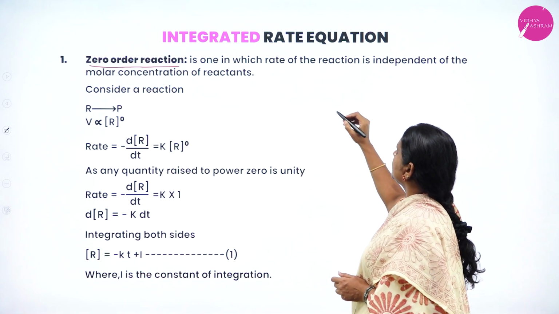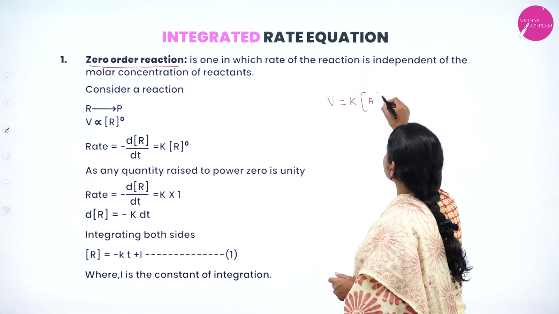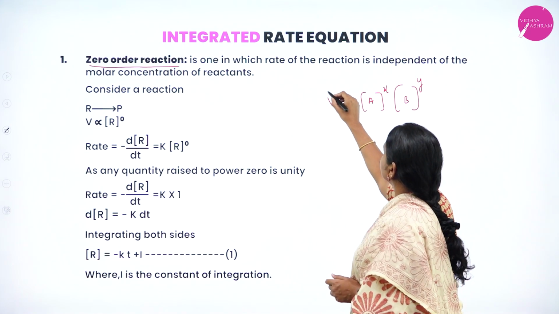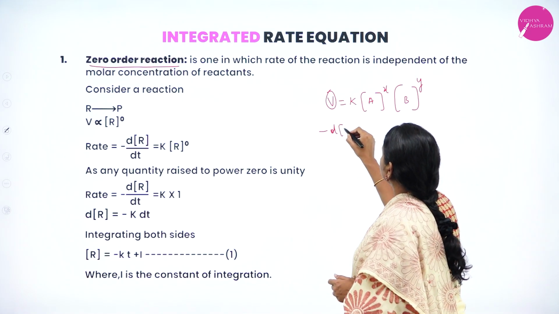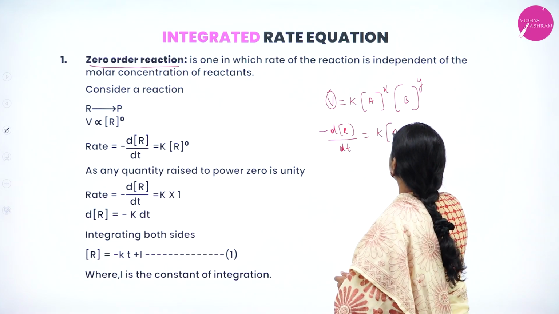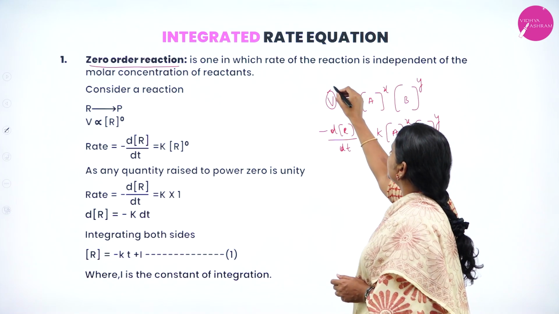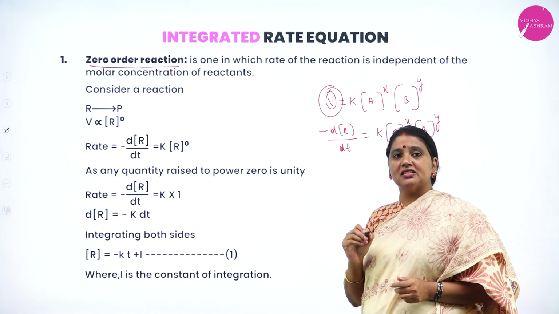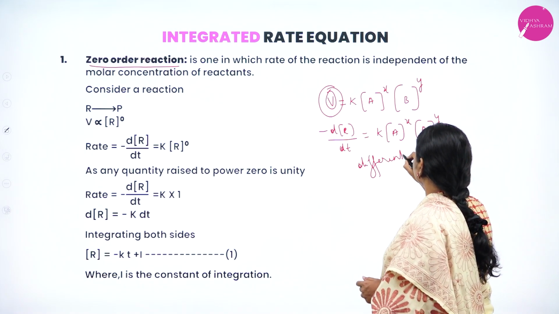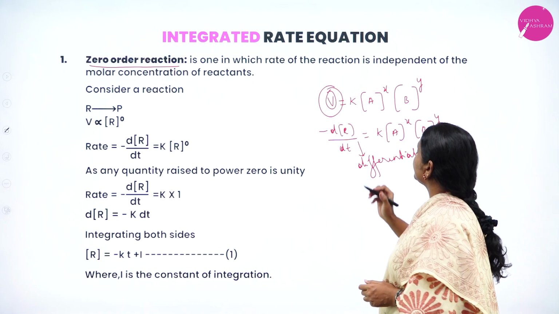When you consider, V is equal to K into molar concentration of A to the power of X and molar concentration of B to the power of Y. In place of V, if I put minus d of molar concentration of R by dt is equal to K into molar concentration of A to the power of X and molar concentration of B to the power of Y. In place of V, if I substitute minus dR by dt, then that is called differential rate equation. This expression is called differential equation.